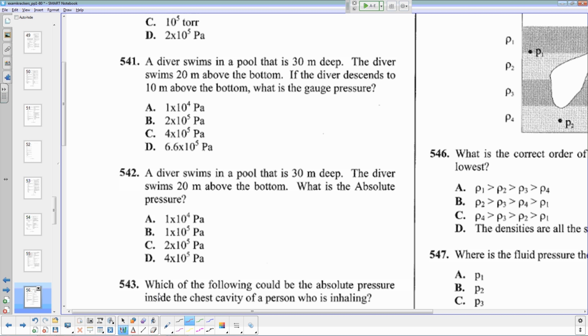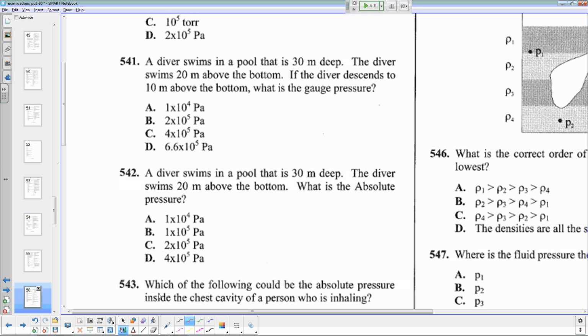No, it's not, because there's also the atmosphere. So your gauge pressure does not include the atmosphere. But the absolute pressure is going to be whatever your gauge pressure is plus whatever your atmospheric pressure is. Y'all follow what I'm saying? Your absolute pressure is always bigger than the gauge pressure by the amount of the atmospheric pressure.